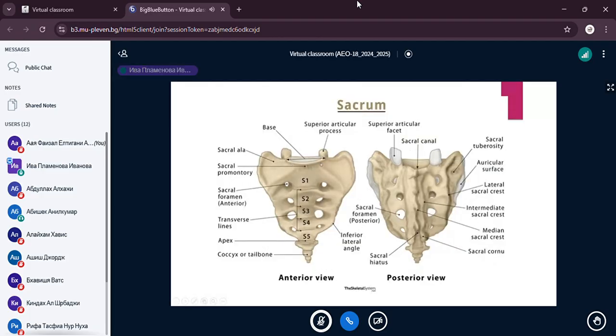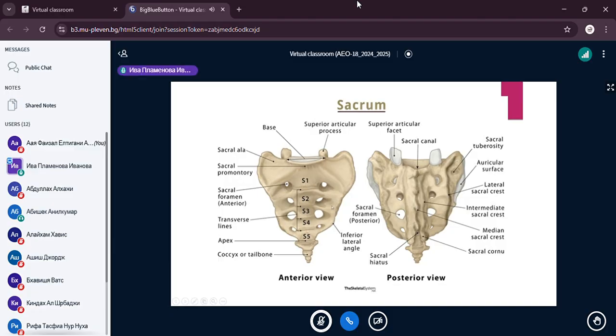That's the anterior view, that's the posterior view. We have some parts here, the base of the sacrum, which articulates with L5, the apex of the sacrum, which articulates with the first coccygeal vertebra, CO1.